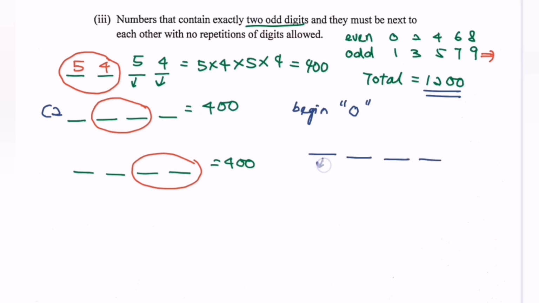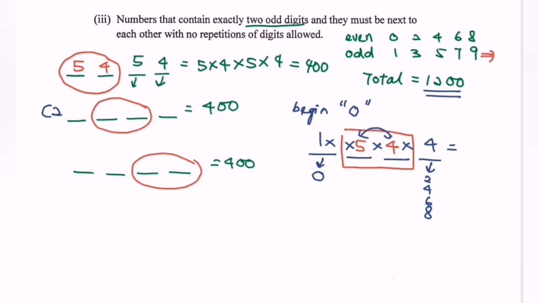Let's say here we start with 0. Then here we have the odd digits, which consist of 5 and 4. For this part, we only have 1 digit, which is the 0. And then at the back, we still have 2, 4, 6 and 8, which consists of 4 selections. If we multiply, we will have 5 multiplied by 4, which is 20, multiplied by 4, so we will have 80 numbers that have 2 odd digits and begin with 0 for case 2.